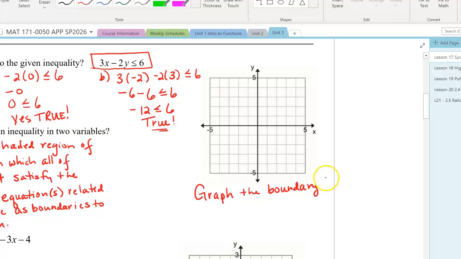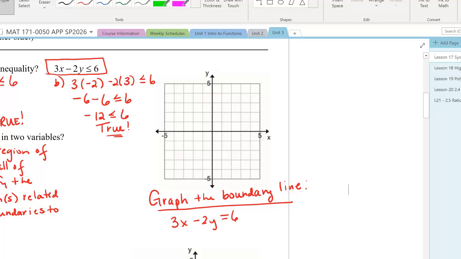In this case, it's a line, which is 3x minus 2y equals 6. Now to graph this, I can either solve it for y and put it in slope-intercept form, or I can find the x and y intercepts. Since this is in standard form, it's easier to find the x and y intercepts.